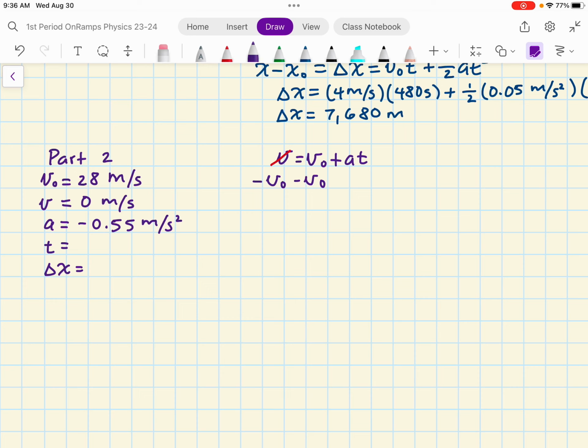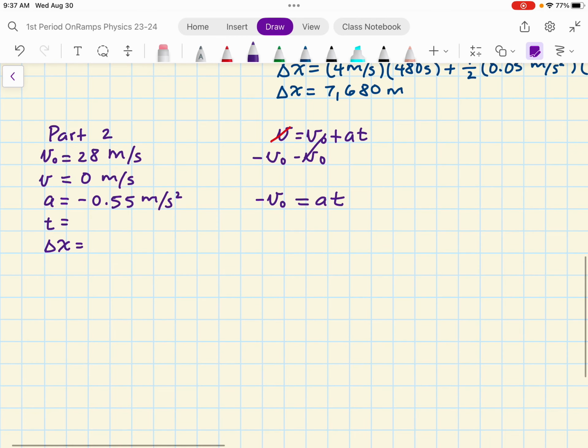So then on the left side I end up with negative initial velocity is equal to acceleration multiplied by time. Then to solve for time, I simply divide by acceleration. I'm going to flip my equation, okay? So time is going to be equal to negative initial velocity divided by acceleration.